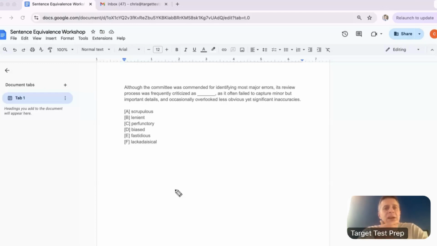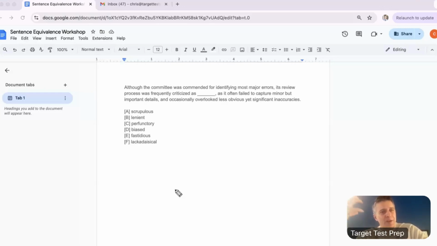And so then I look back at that word perfunctory and I say, well, perfunctory either means something similar to lackadaisical or to biased. And the biased one, at least when I was doing it logically, I felt it was more of a reach. Sure, you're more biased to major errors than minor errors, but that's not really what it's going for. That seems a little loosey-goosey there. The idea is that you are missing these important details.